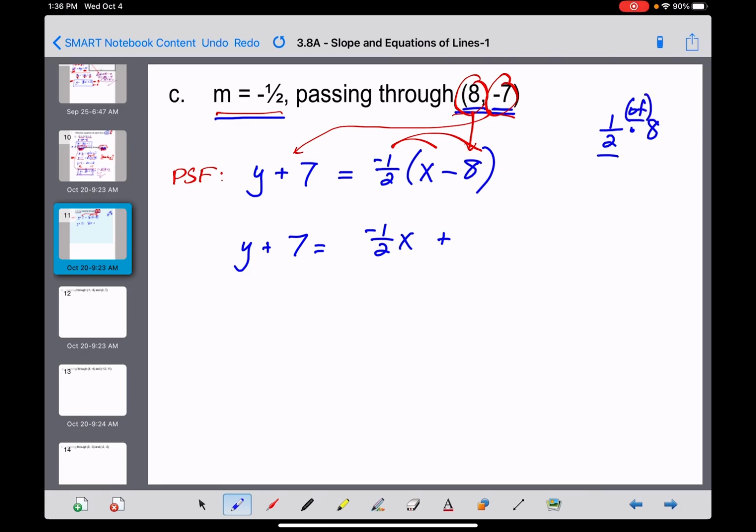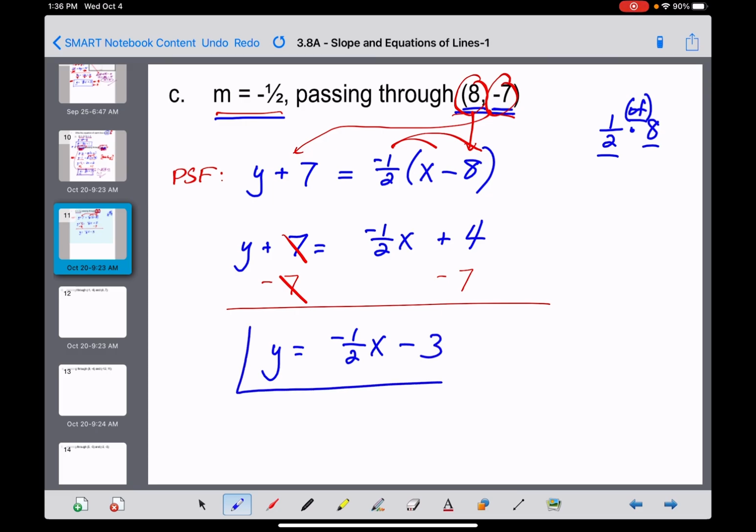What's half of 8? The answer is 4. So that's where we are. And now to get y by itself, we just need to subtract 7 from both sides. We should have our answer now: y is equal to negative 1/2 x, and a positive 4 minus 7 is going to be a negative 3.